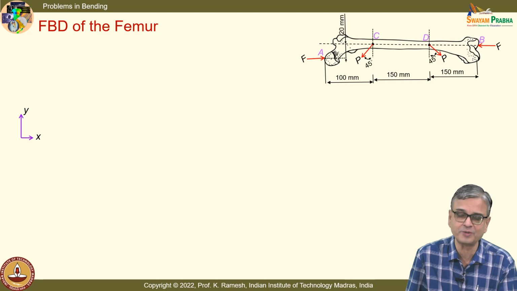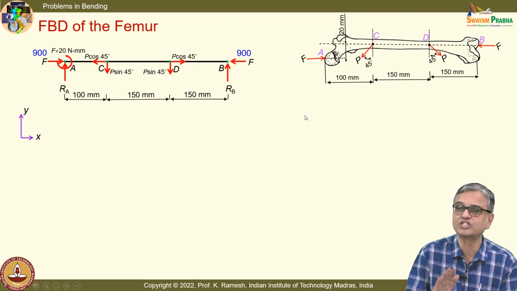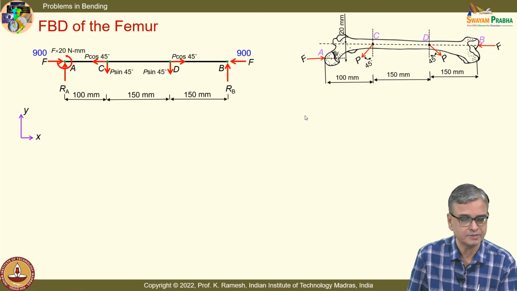So, as a first approximation, we take a convenient axis which is more or less horizontal, and then we ignore the initial curvature of the femur, and we will solve the problem in 3 stages. In the first stage, we would take only the combined bending and axial compression.